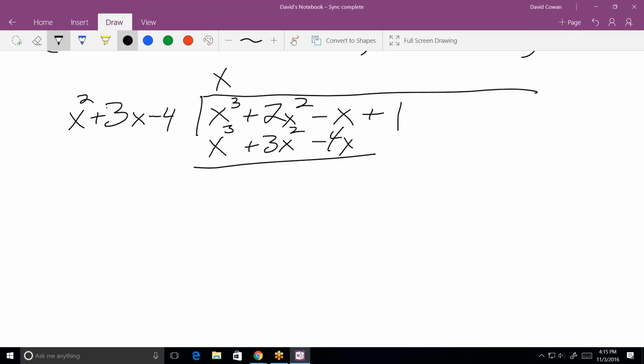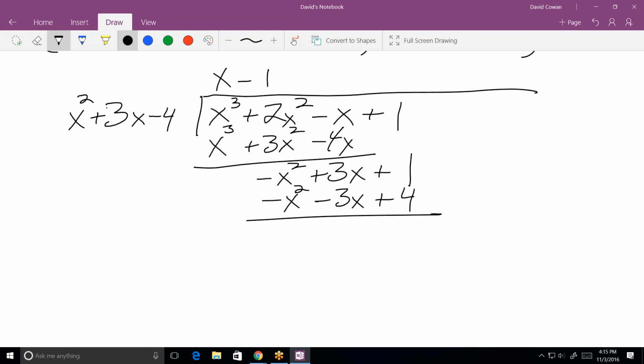It'd come out to be negative x squared plus 3x. Bring down the remainder. Always. And then it'd be minus 1. And negative 3x plus 4. If you subtract that, you get 6x minus 3.